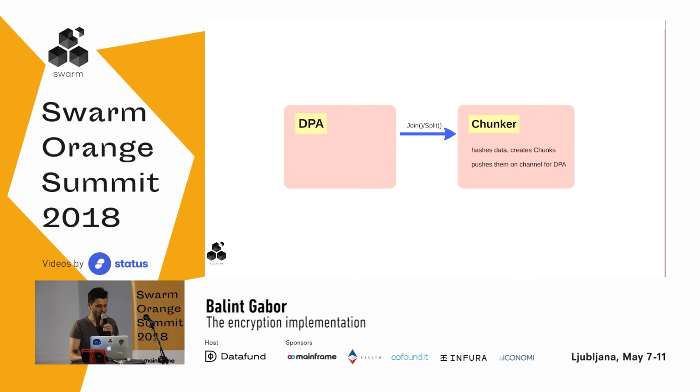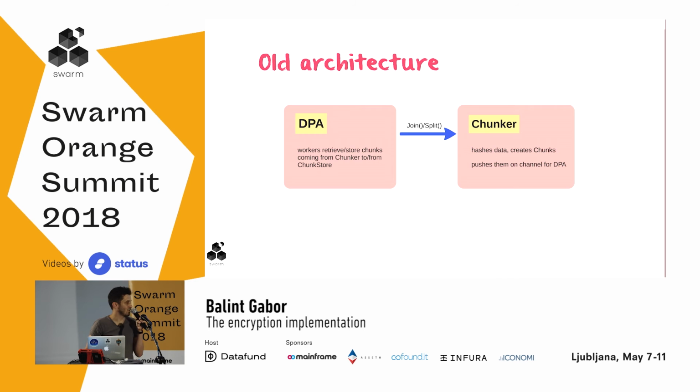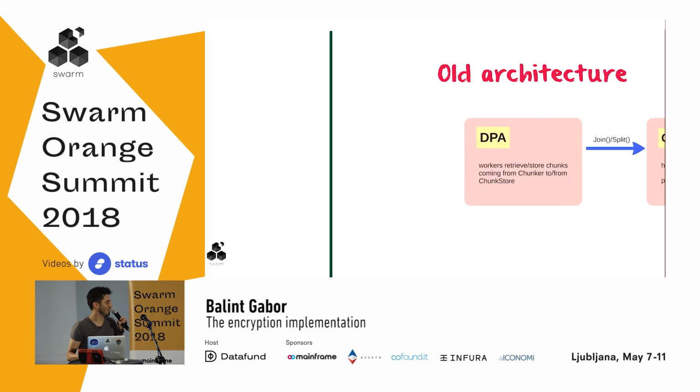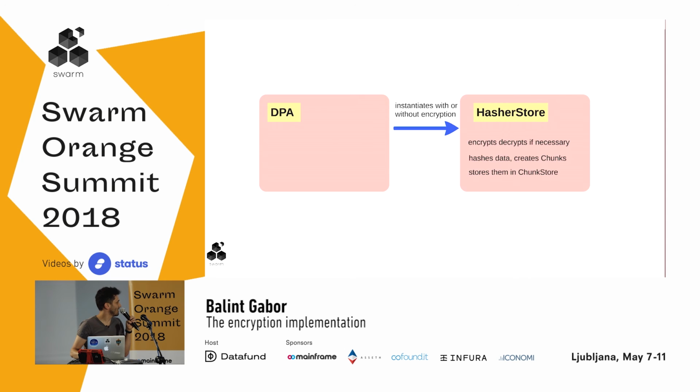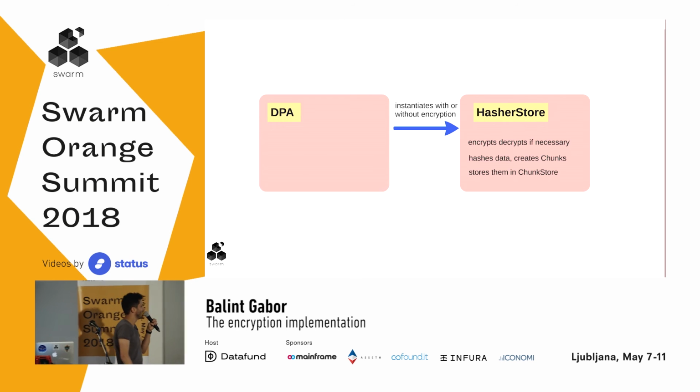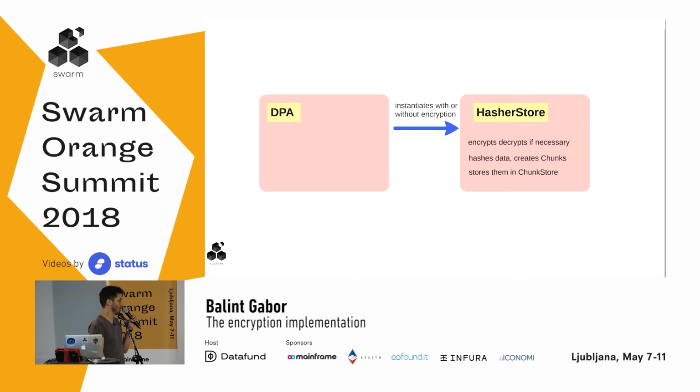So let me summarize. This is how it looked. There was a DPA. It called join or split on the chunker, which did a lot of things. This is the old architecture. Instead, now it looks like this. So there is a DPA. It instantiates a hasher store with or without encryption, depending on the actual request.